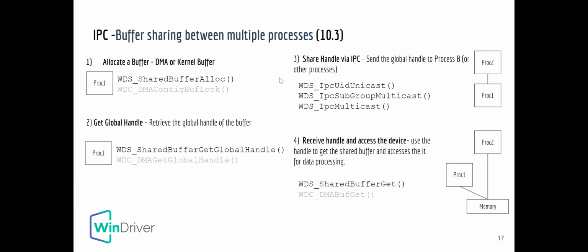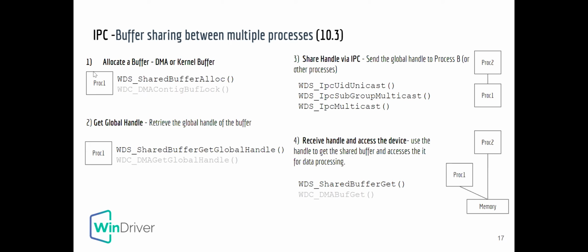Okay, another thing I want us to cover when talking about IPC is the buffer sharing between multiple processes. So, as I said, one of the processes is connected to the device and transfers data, and it can be allocated during a DMA session or just a simple kernel buffer.